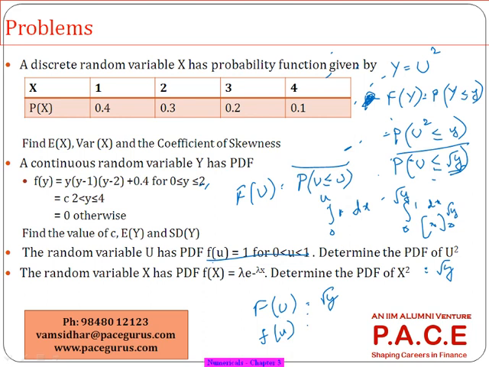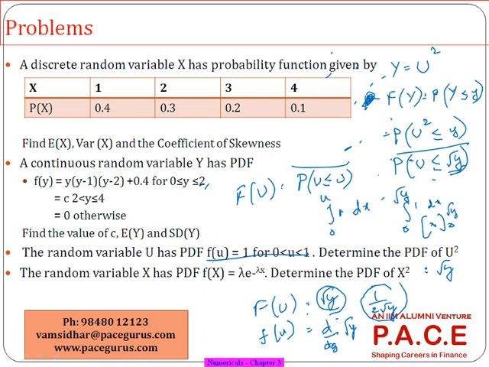Which means for whatever output I get, I take the derivative of this: d by dy of square root of y, which is nothing but 1 by 2 root y. This is what will be the probability density function.